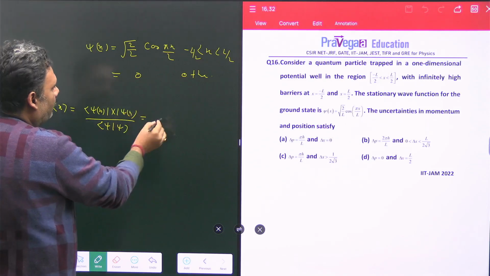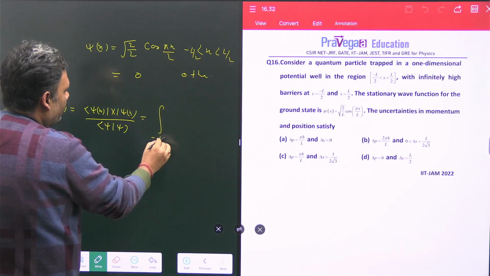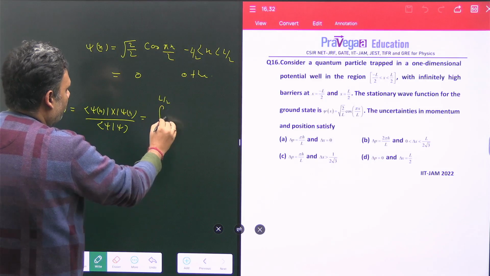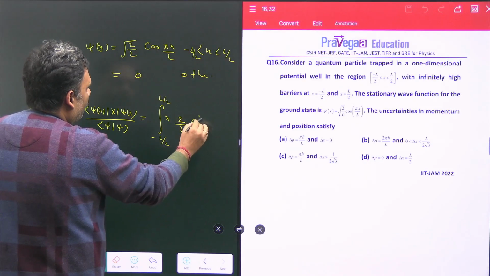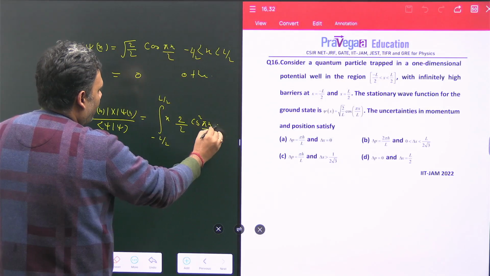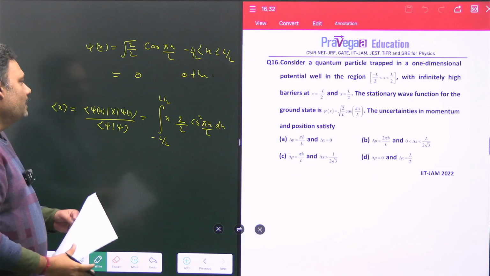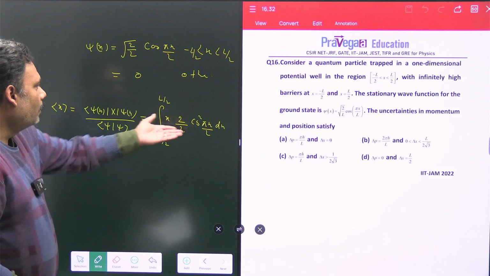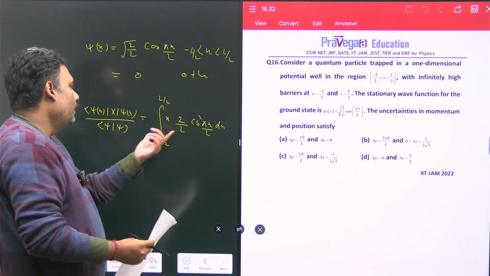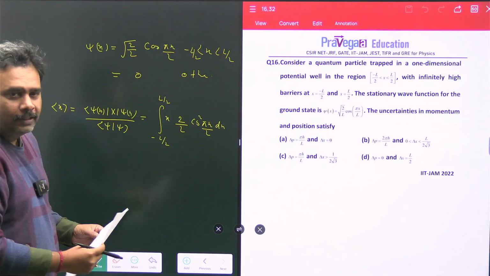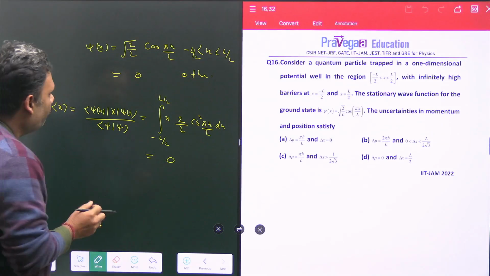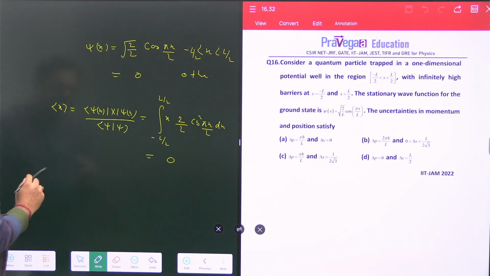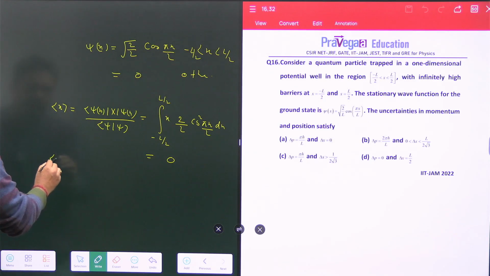So this can be written as the integral from minus L by 2 to plus L by 2 of x times 2 by L cos square pi x upon L dx. We can easily see that this is an odd integral from minus L by 2 to plus L by 2, so that value is 100% 0.